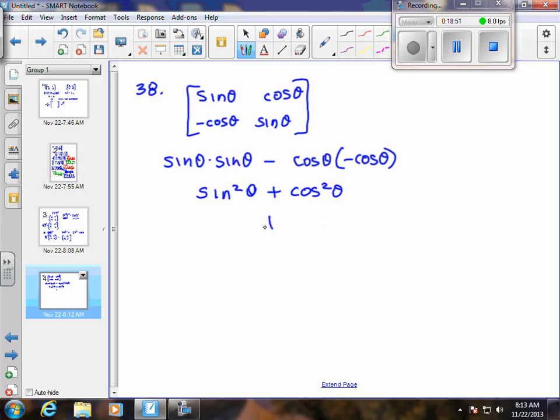How do we find the inverse? The formula is 1 over that number that we just got times the switcheroo matrix.